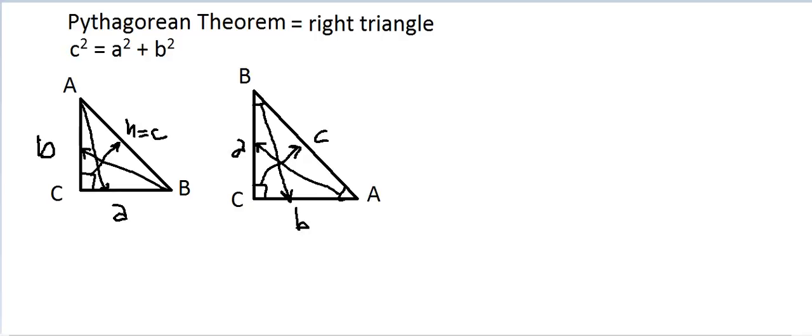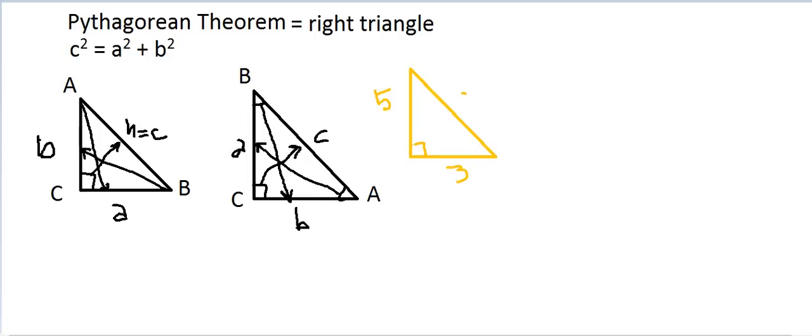Okay? Now, are we going to use the Pythagorean theorem? If we're going to solve problems which are in a right triangle, say this is the right angle. Say the given here is, this is 5, and this is 3.